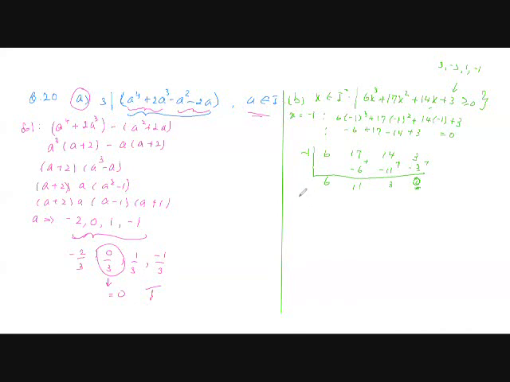After this, we have x equal to -1. That means we write down x plus 1. And because it's x to the power 1, we need x to the power 3, right? So the next term here, 6, should be 6x squared. And this one is going to be 11x plus 3 from here. And this equals 0. Then we can factor it, x plus 1, and factor this one.